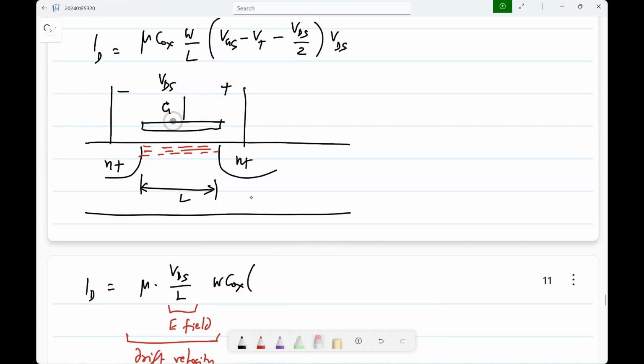Only thing is the voltage difference here is different from there. Okay. So the average charge density will be sort of VGS plus VDS by 2 minus VT. Okay. So that's how you get this. That's how you get this VDS by 2.